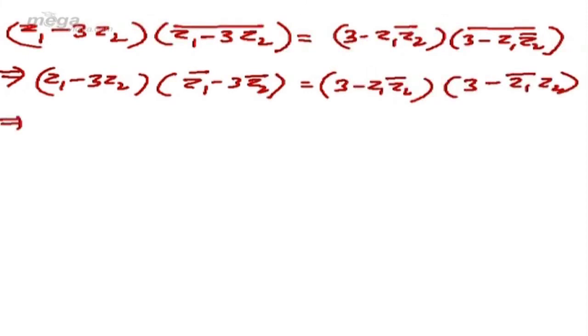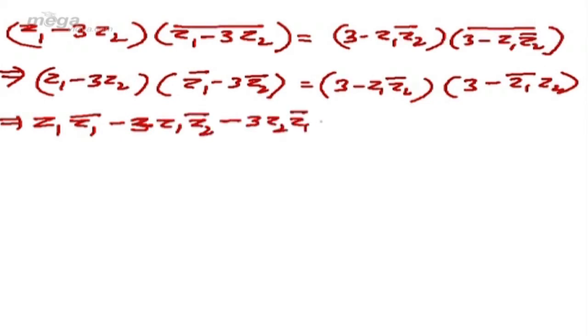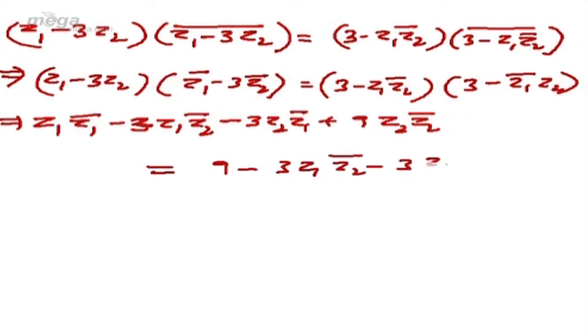Now we multiply the complex numbers. So the first term will become Z1 Z1 bar minus 3 Z1 Z2 bar minus 3 Z2 Z1 bar plus 9 Z2 Z2 bar is equal to 9 minus 3 Z1 Z2 bar minus 3 Z1 bar Z2 plus Z1 Z1 bar Z2 Z2 bar.